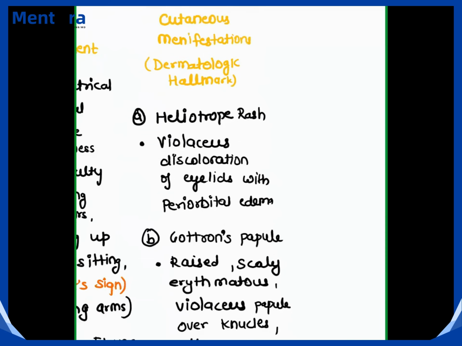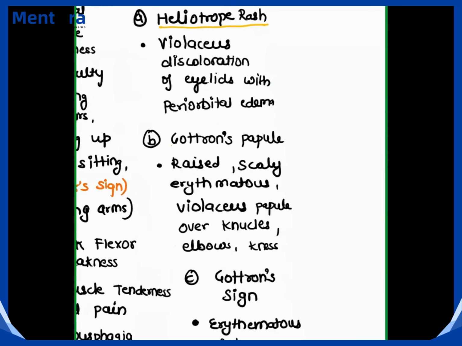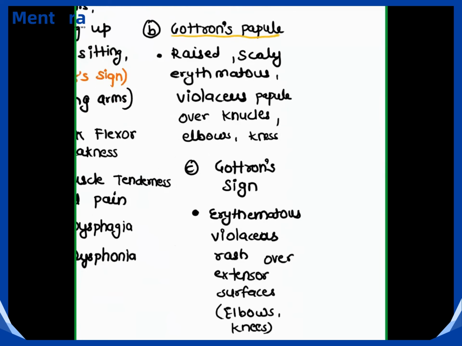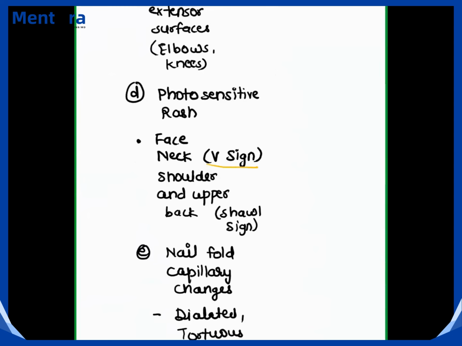These are the cutaneous manifestations: heliotrope rash, Gottron's papule, Gottron's sign, photosensitive rash that shows V sign and shawl sign, and nail fold capillary changes.